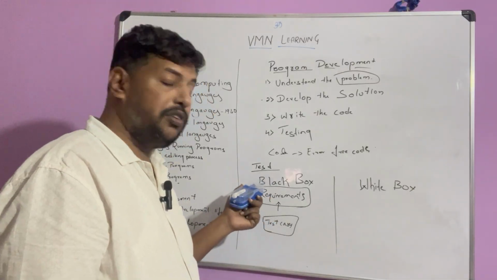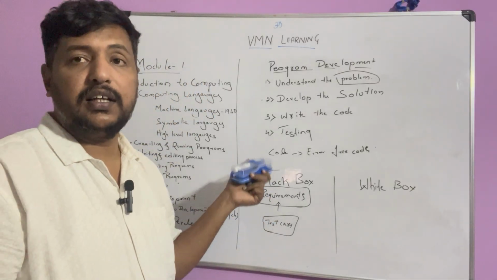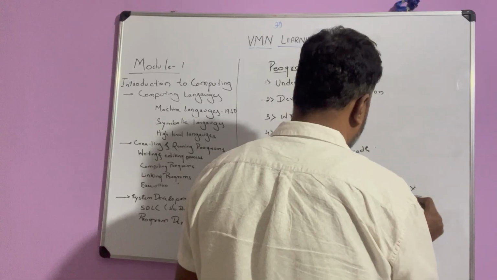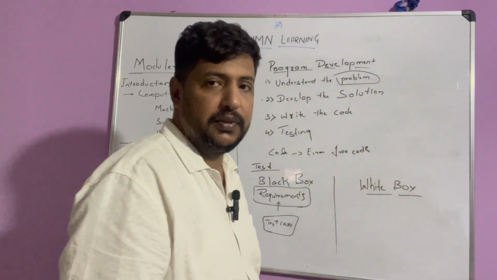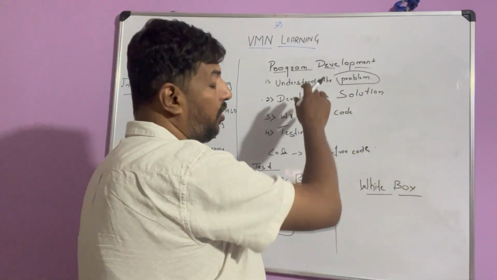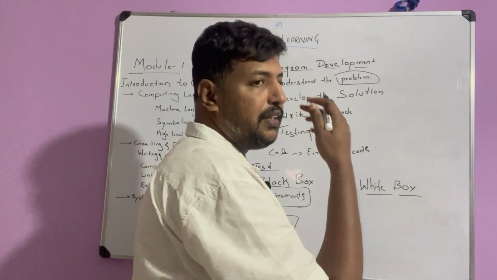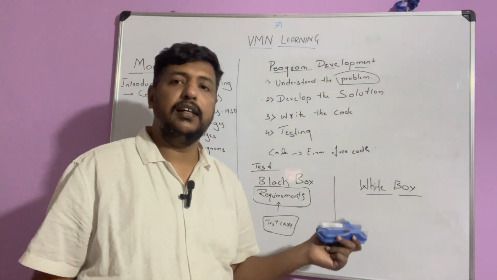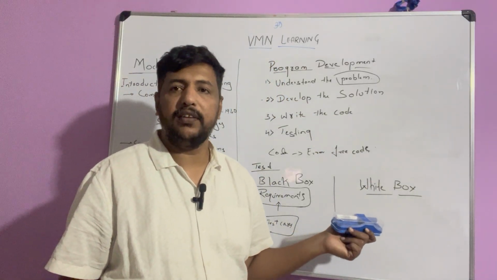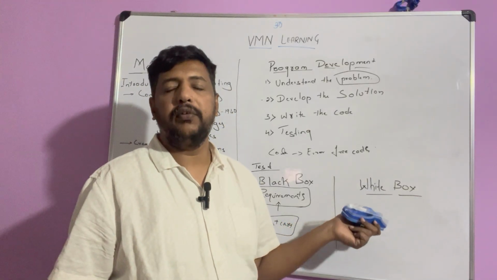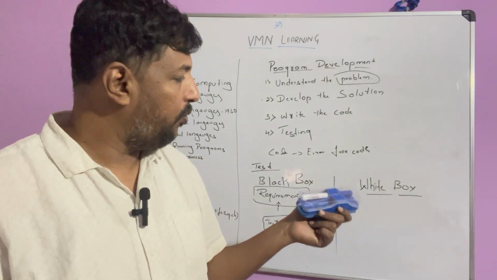So, as I said, black box is someone who doesn't know the system. In white box testing, the tester understands the system and has all the knowledge of what is happening there. Maybe this is a dedicated testing member who has knowledge of this, or a developer who is peer reviewing what he has done.